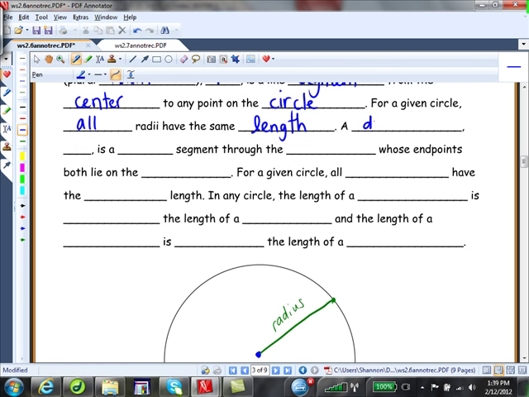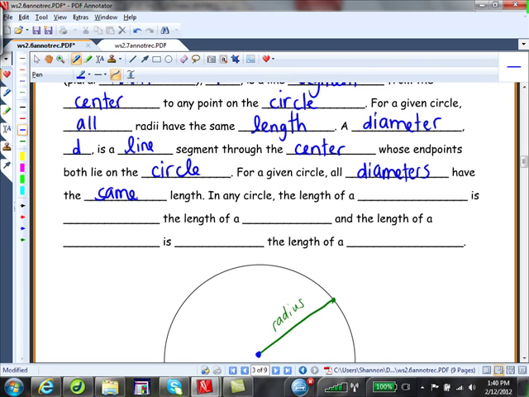A diameter, d, is a line segment that goes through the center whose endpoints both lie on the circle. For a given circle, all diameters have the same length.